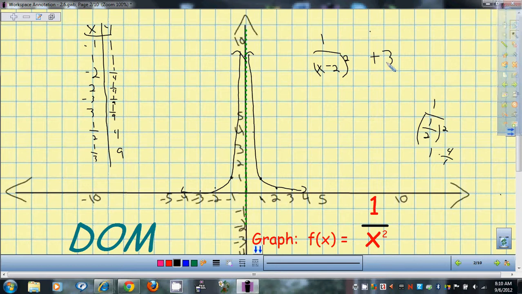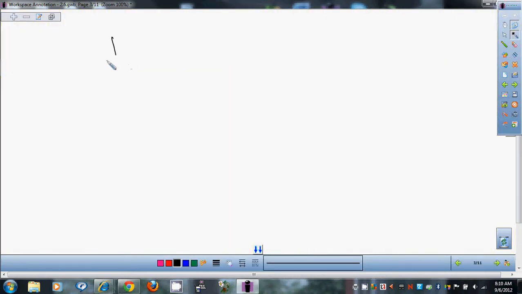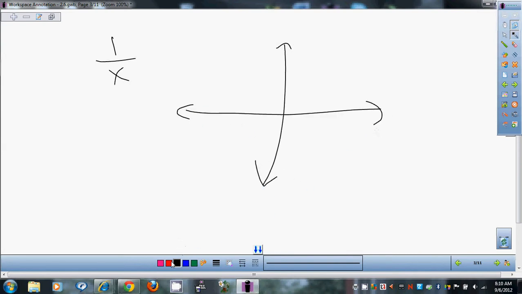And the other parent function you need to add into your notes is 1 over x. 1 over x, well, I'll just sketch it real quick. If these are my axes, this is just an absolute quick sketch. 1 over x, you can do an xy chart and get it more accurate.